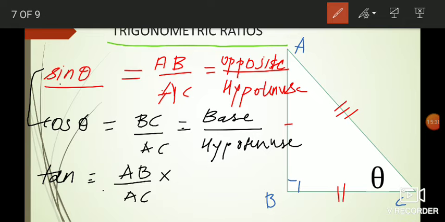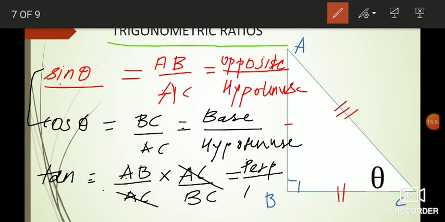When we divide, we can make its reciprocal and multiply: AB by AC times AC upon BC. So this AC gets cancelled and we have AB upon BC. This AB upon BC is perpendicular upon base. This is what we call tan theta.